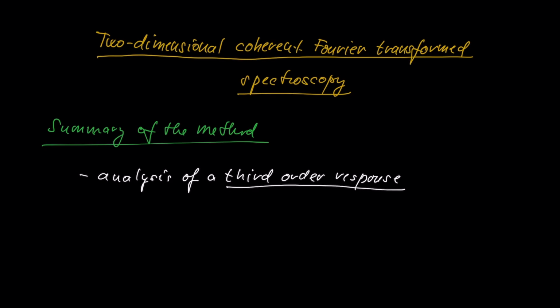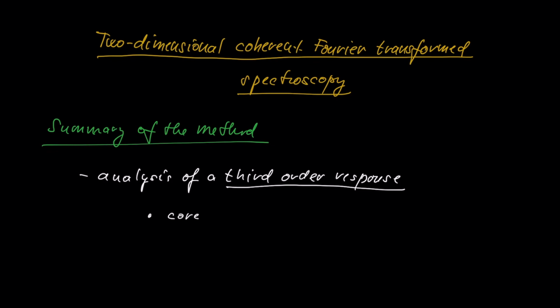This often would be a problem because if the signal comes bundled with all other orders, we would have a problem. But we know that by devising specific directions of the 3 pulses, we can get a background free response, so we can really isolate the third order response from everything else.